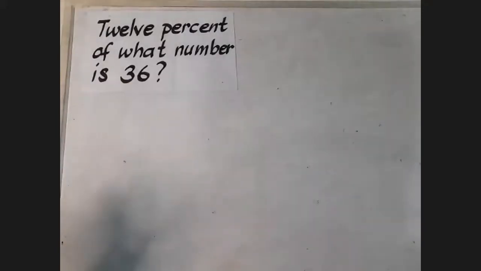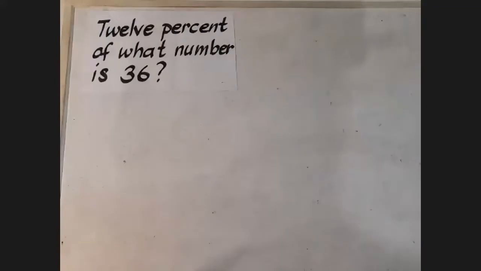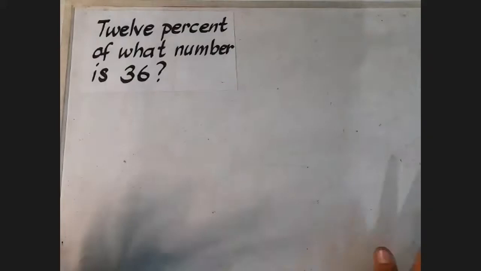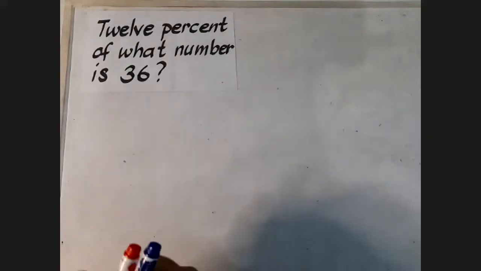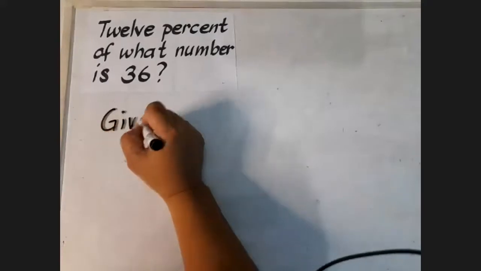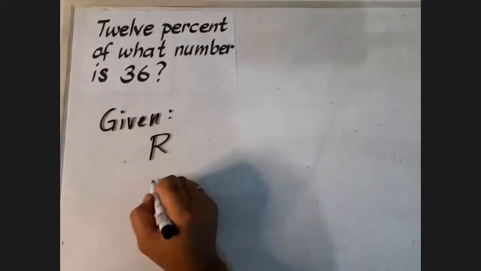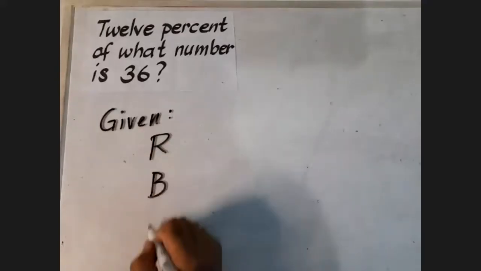Our second problem is different from the first one. It says 12% of what number is 36. Okay? So, tignan natin kung bakit siya naiiba dun sa problem number 1. So, we start off with writing down the given: rate, base, and percentage.